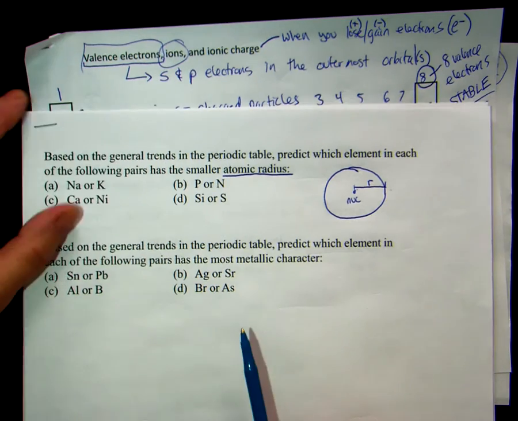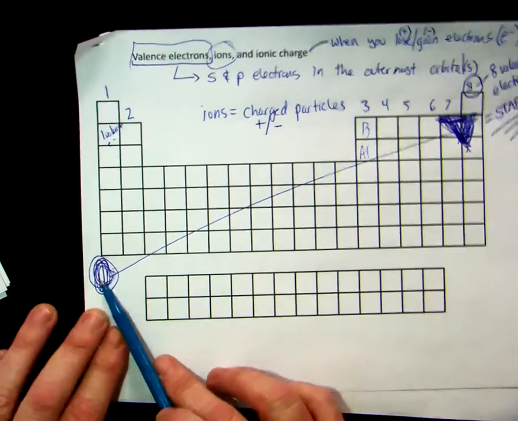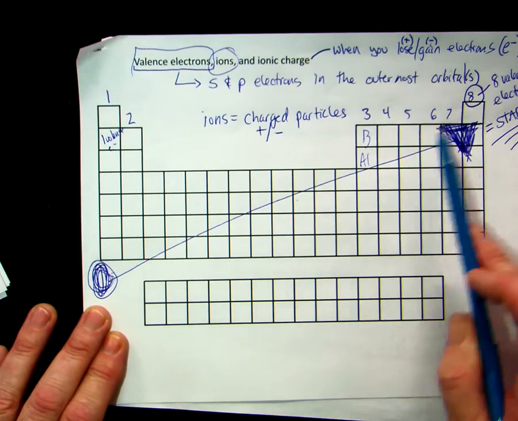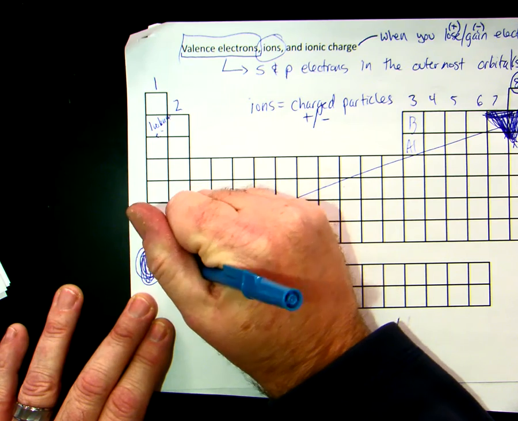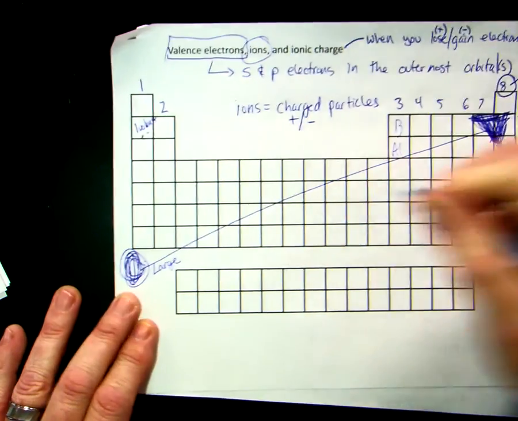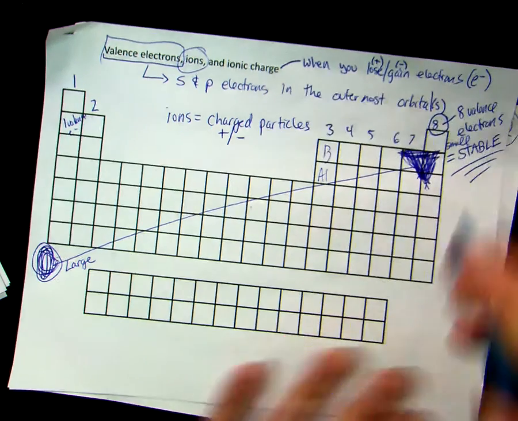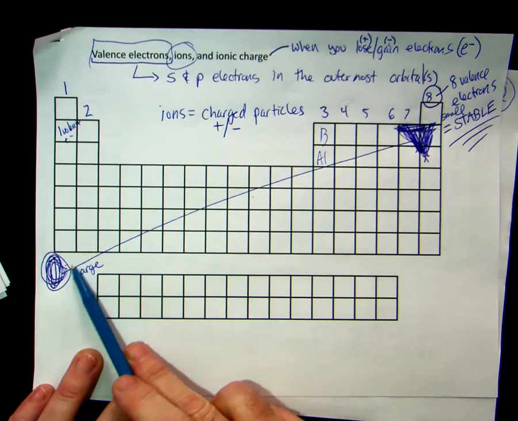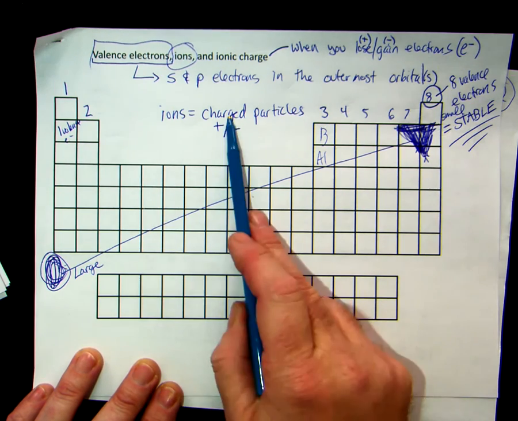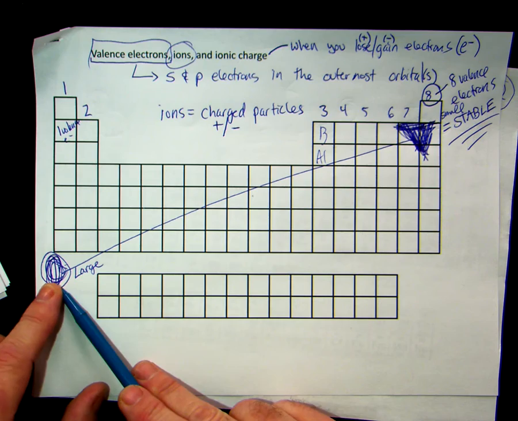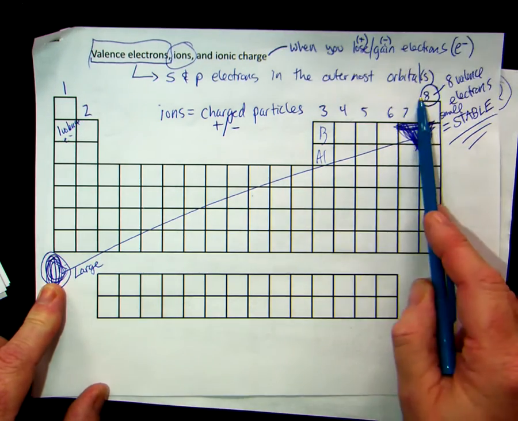Well, the thing is, you can use the periodic table to follow this trend. And if you look in the bottom corner and you go from the bottom left to the top right, down here will be large. Up here in the corner will be small. And the trend is that if you go up or to the right, you get smaller. So down here in this corner is the biggest, and as you incrementally go toward the upper right, you get smaller.